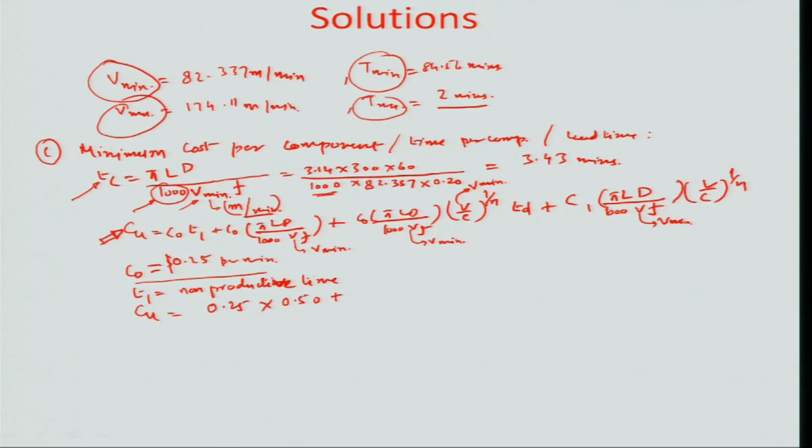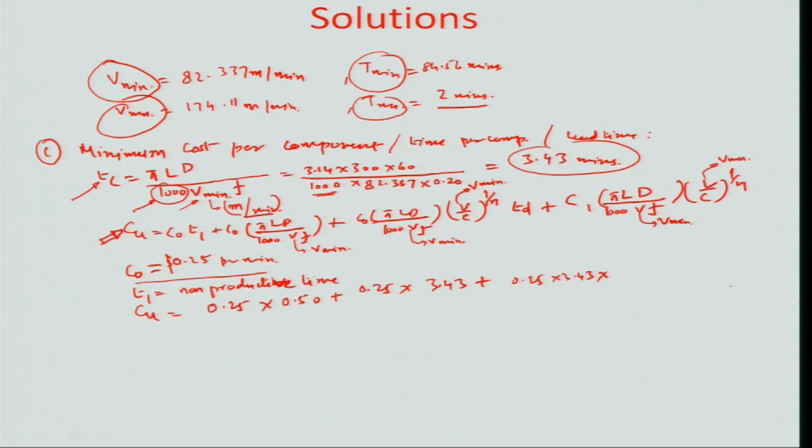If we replace these values in this particular setup, we have the next term here as 0.25 times this whole term, which has earlier come out to be 3.43 minutes, the total cutting time. So 3.43 plus again 0.25 C0 times 3.43 times V minimum by C.